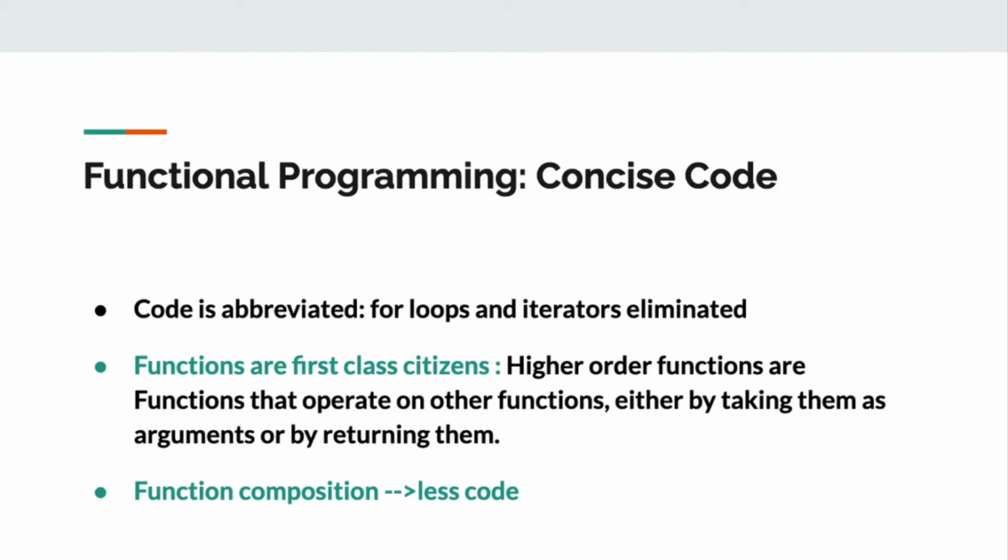And higher order functions enable function composition. That is, it enables functions to be composed of other functions, and this in turn leads to less code to be written overall. So I know that's a lot of information to take in. So let's see a few examples of this in action in the next lecture.